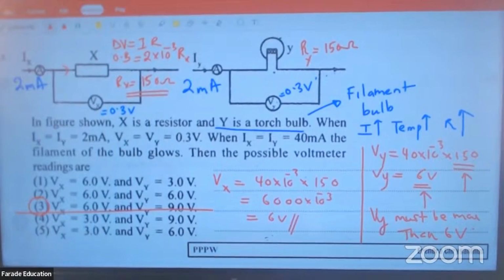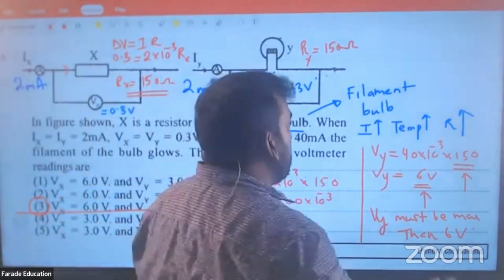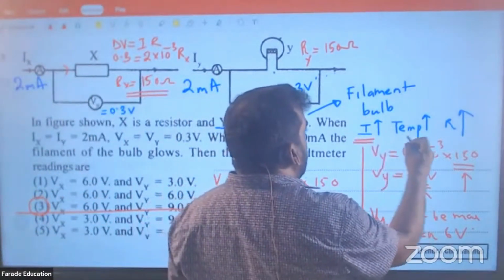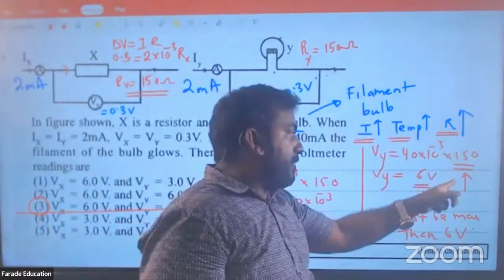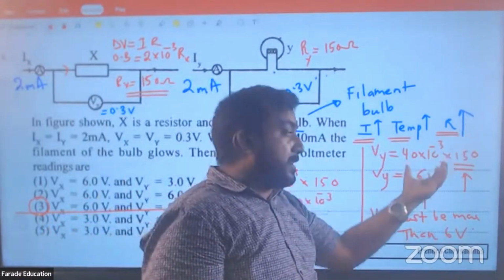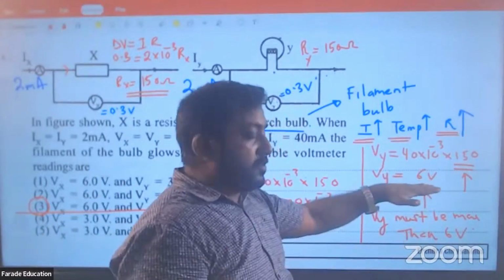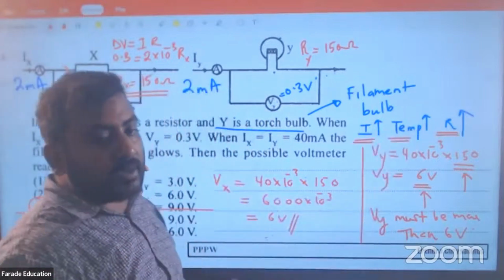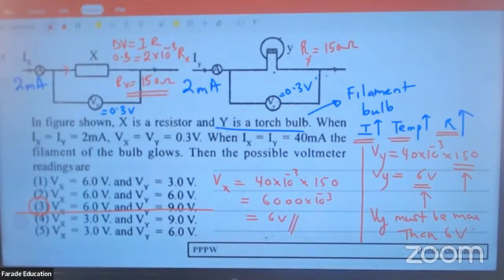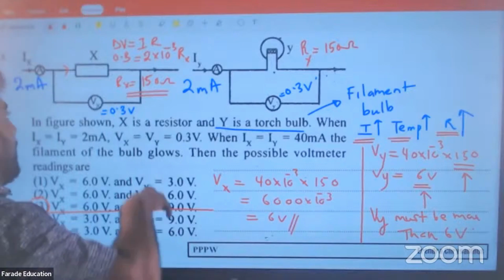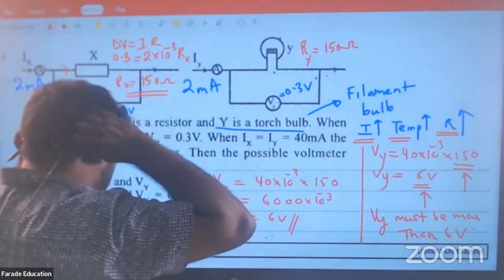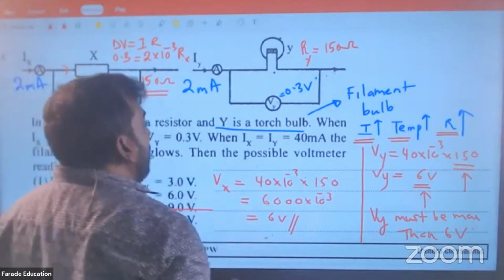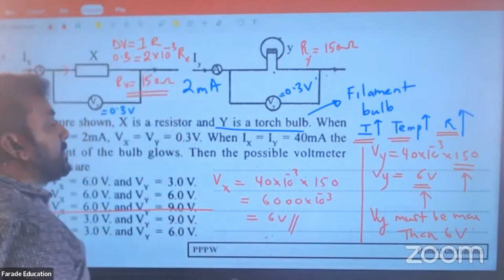So what's the main idea behind this? In a filament bulb, when the current increases, temperature increases and resistance increases. I would put 150 and solve, but when the resistance increases, voltage also increases. So it's not 6 volt, it's more than 6 volt. In a resistor, we can assume that the resistance remains the same.